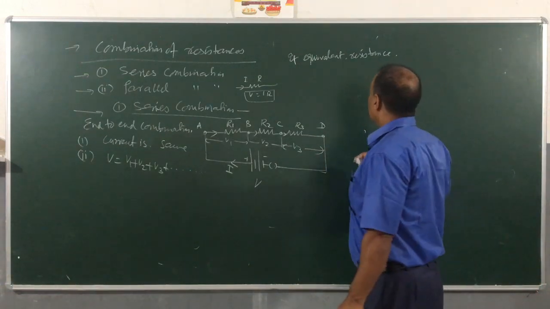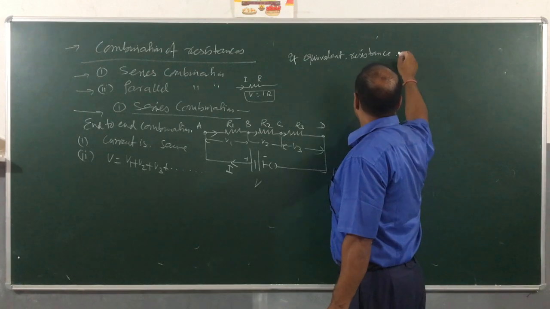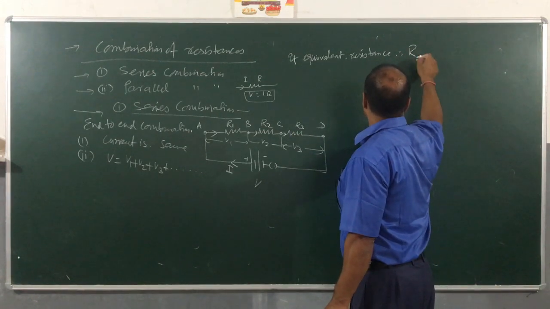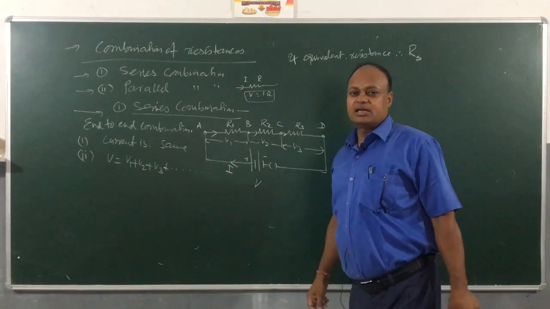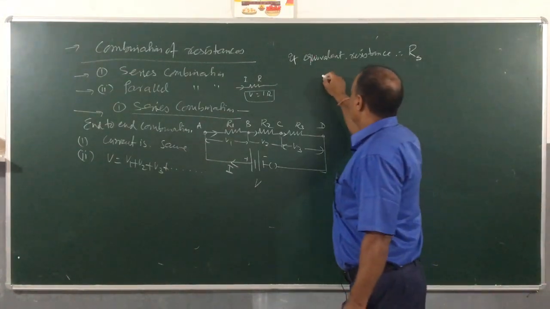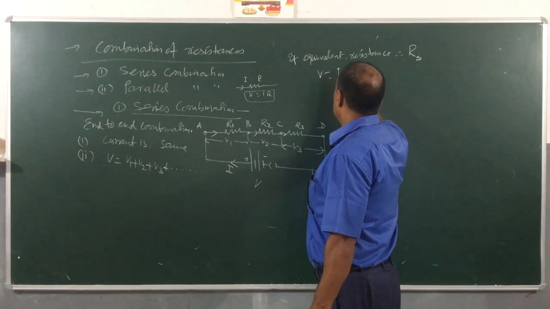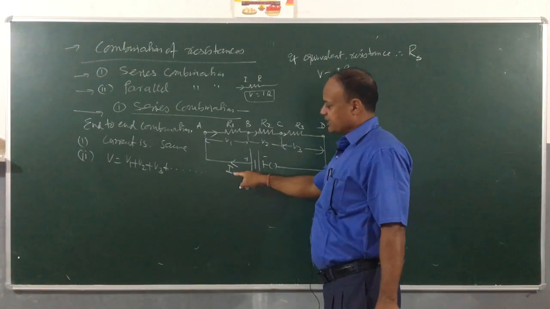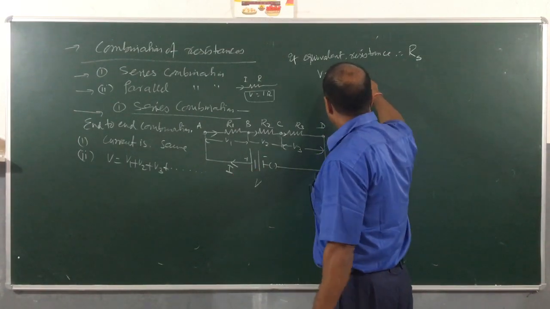So equivalent resistance is equal to RS. I will say R for equivalent and S for series. Then V will be equal to how much, children? I into RS, because current is I and the effective resistance is RS.